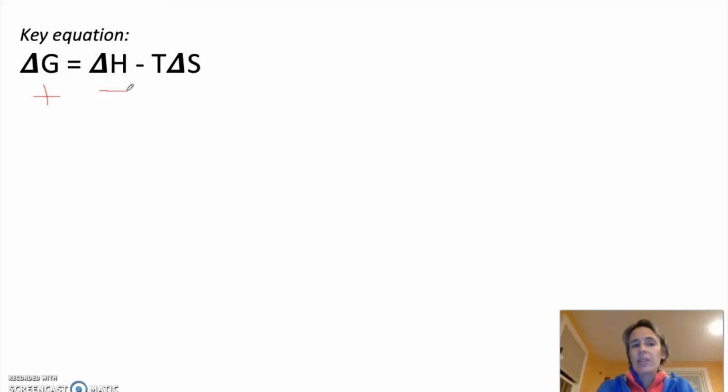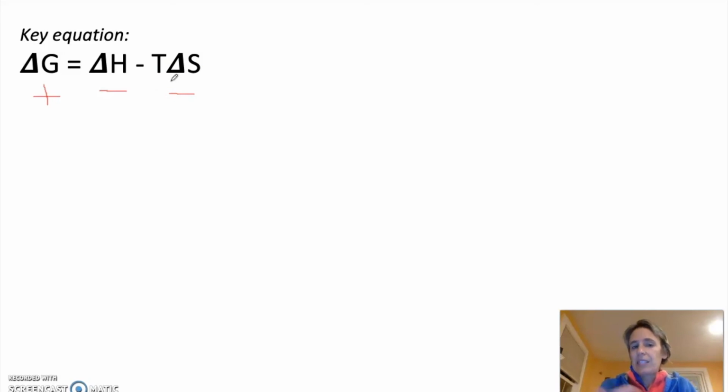So the only way this equation works out is if delta H is negative, but my reaction is non-spontaneous, delta G is positive, this number, when subtracted, must counterbalance that negative delta H. So that means that this entropy term must be negative as well. If I subtract a negative, it becomes positive, and so that could give me a positive value for delta G.